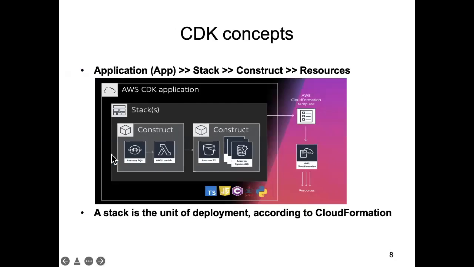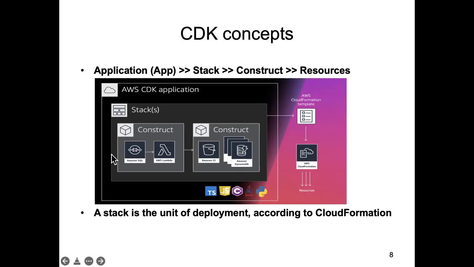So in the language of the CDK framework, we talk about developing a CDK app, which is comprised of stacks. A stack is comprised of constructs, and a construct then is comprised of resources. So resources is the kind of language of AWS infrastructure, whereas these high-level concepts of stacks and constructs, that's what the CDK allows us to think in terms of.